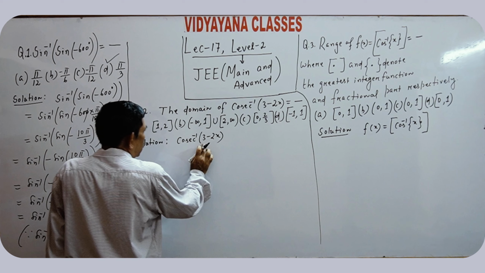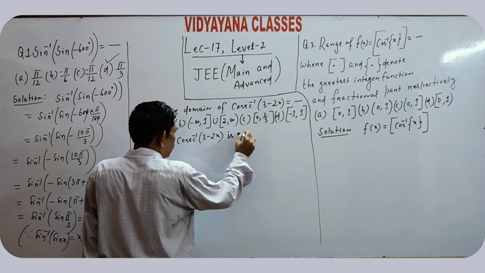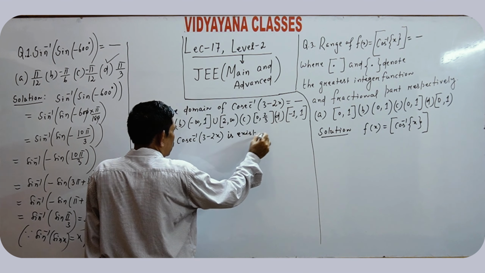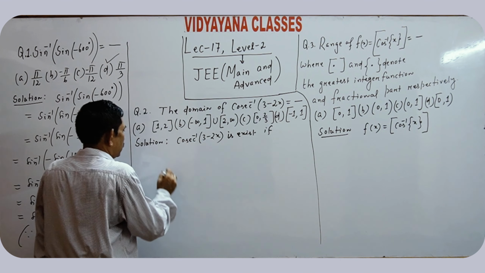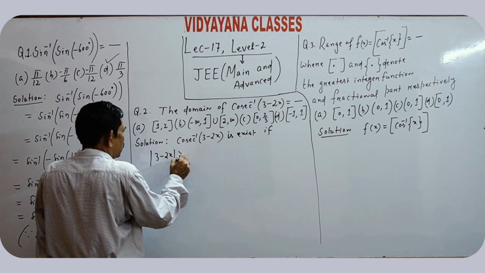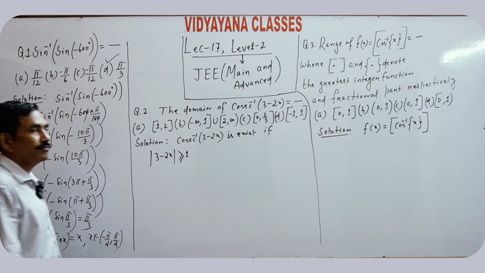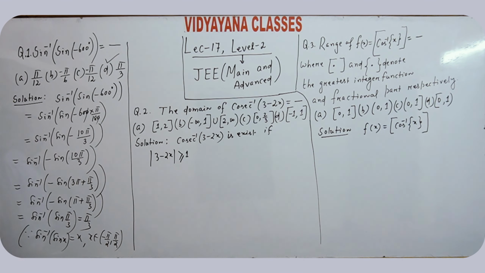Cosec inverse 3 minus 2x exists if mod of 3 minus 2x is greater than equal to 1. Clear?